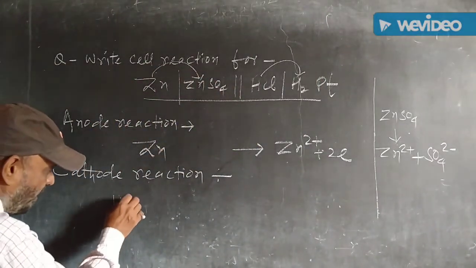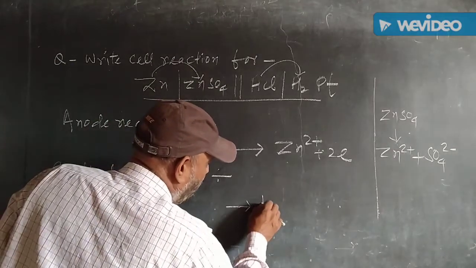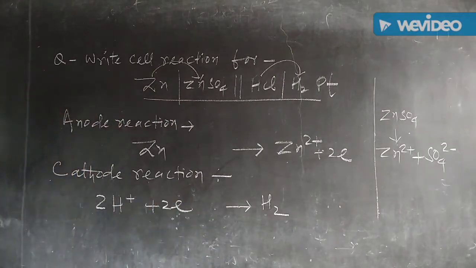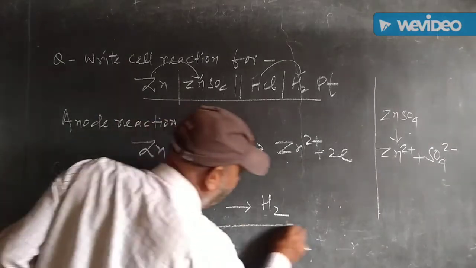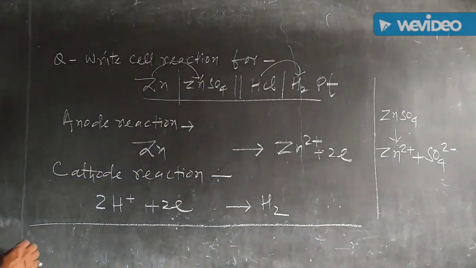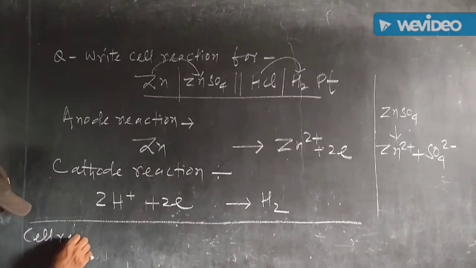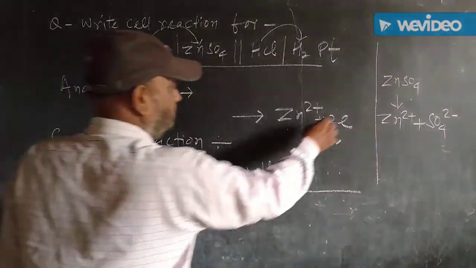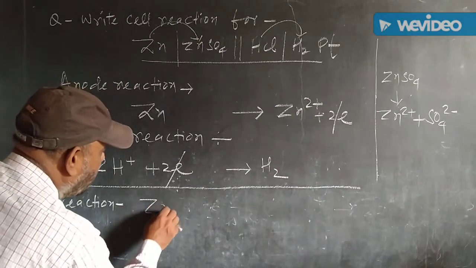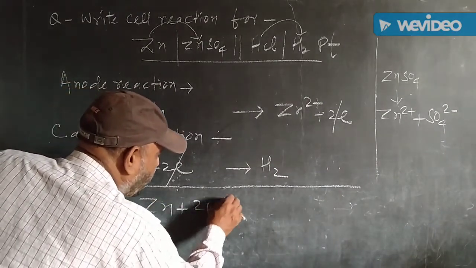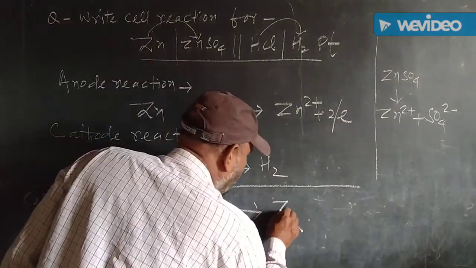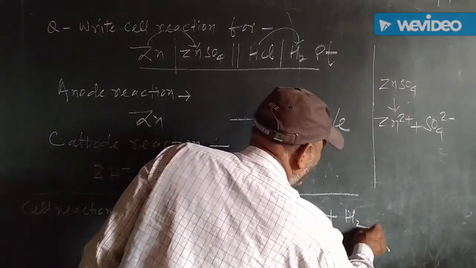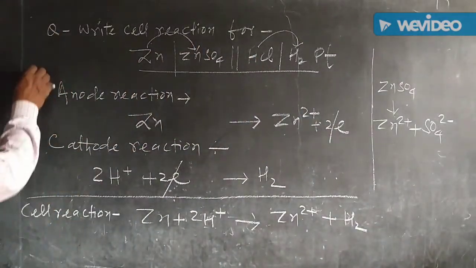So HCl, that means H+, changes to H2, that means 2H+ plus 2 electrons gives H2. And the cell reaction: Zn plus 2H+ gives Zn2+ plus H2. So this is your solution.